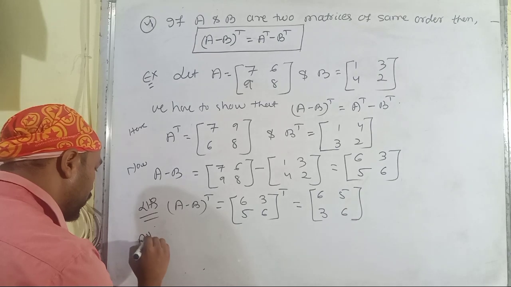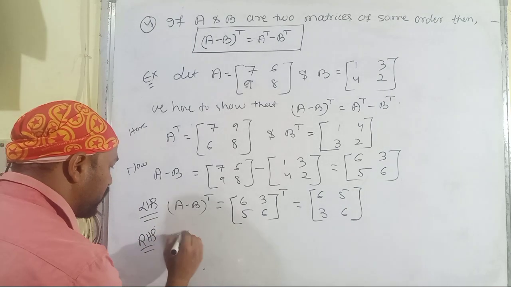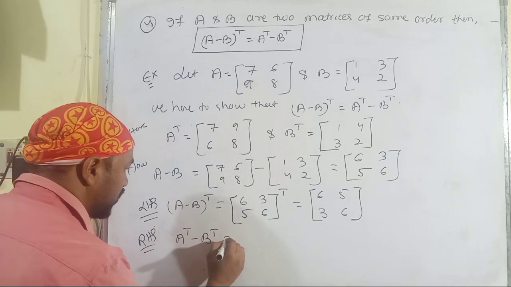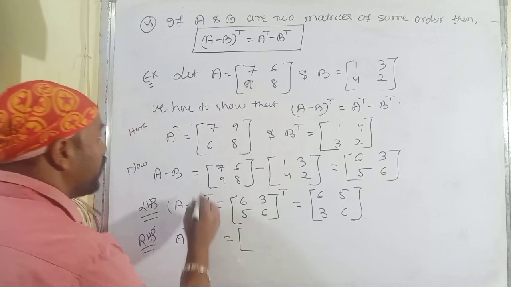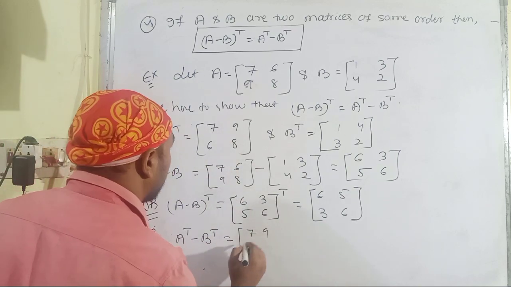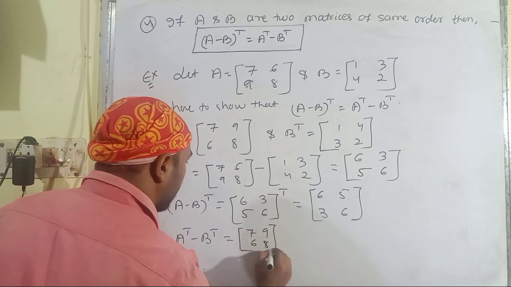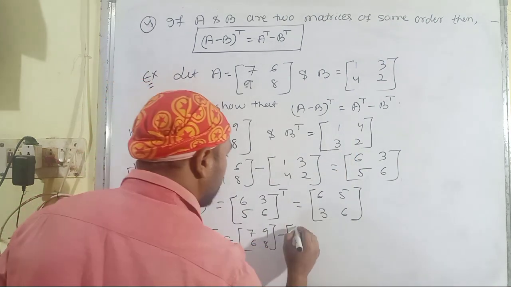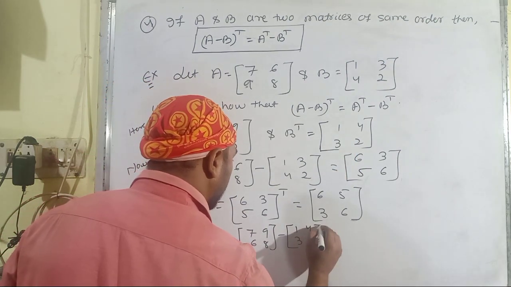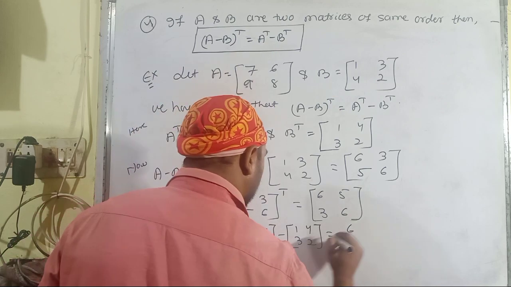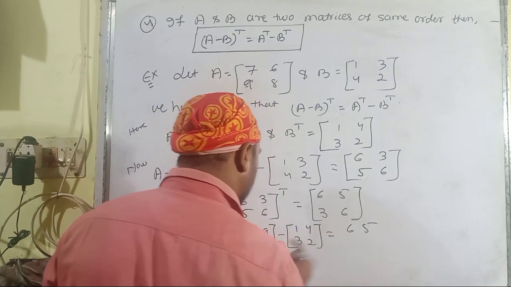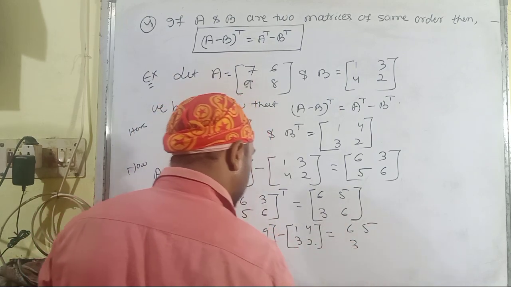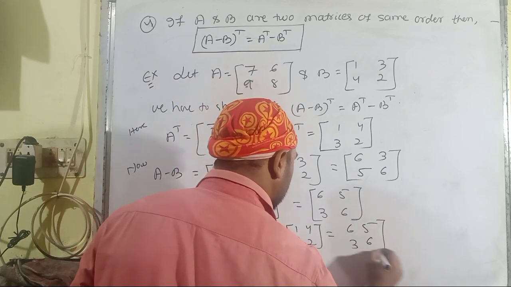Now we have to go through the right hand side part, which is equal to A transpose minus B transpose. So by putting the value of A transpose here, 7, 9, 6, 8 minus B transpose here, 1, 4, 3, 2. So it is 7 minus 1, 6, 9 minus 4, it is 5, 6 minus 3, it is 3, 8 minus 2, it is 6.